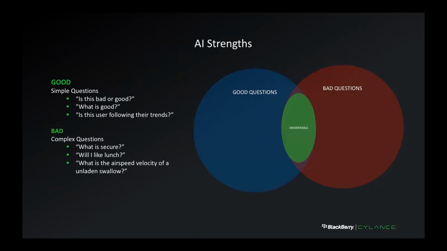So for a technology that you're trying to automate and create response techniques out of, that you're trying to orient your strategy around, will I like lunch is a bad question. And then the complex question is, what's the airspeed velocity of an unladen swallow? Again, several variables, several factors go into it, and so it's not a simplistic answer.